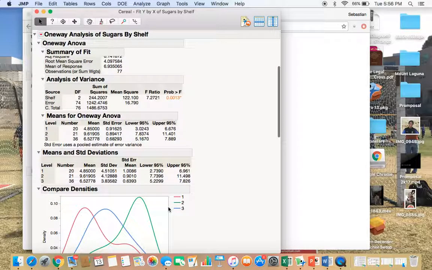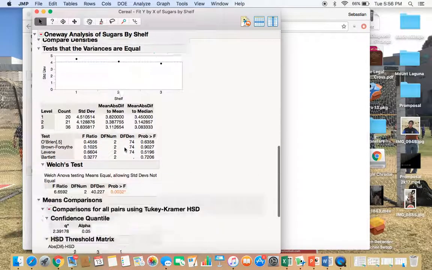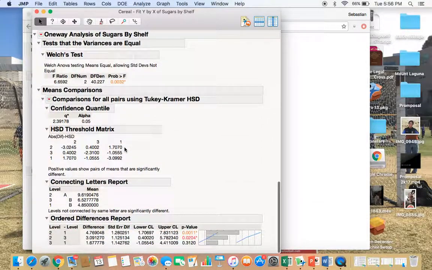Under the connecting letters report, it shows you the levels that have been ranked from largest to smallest by the sample average mean.